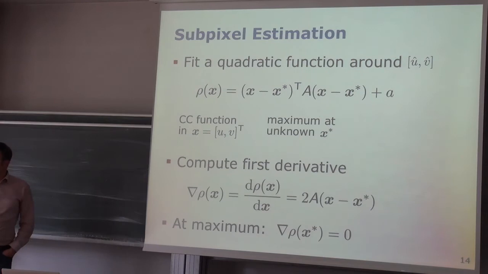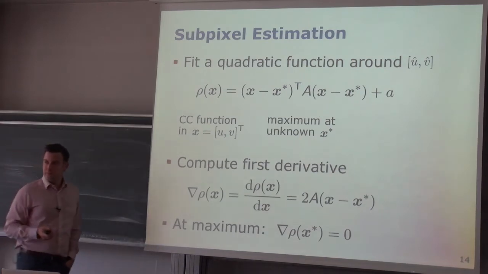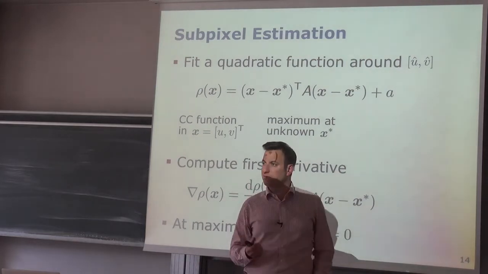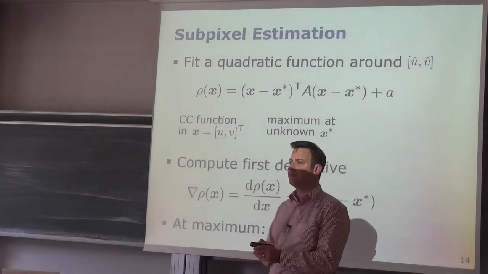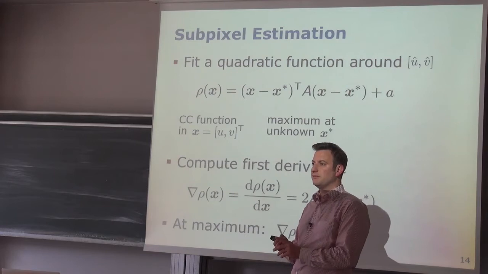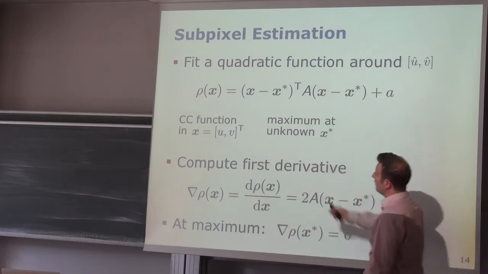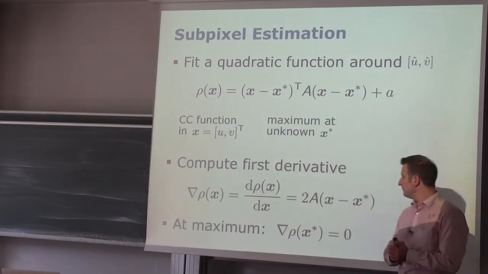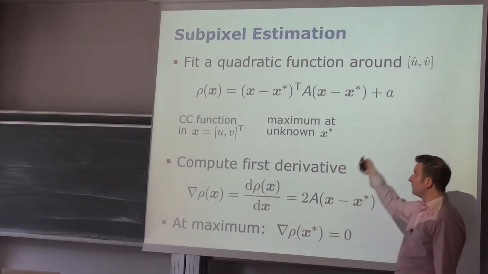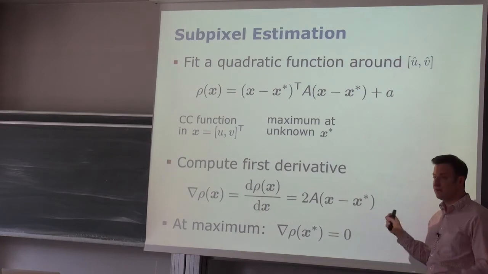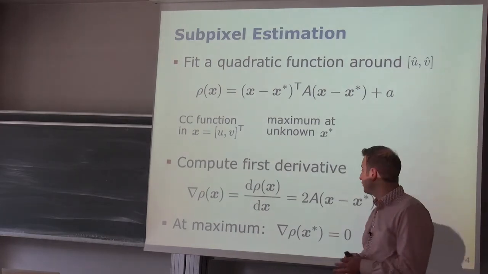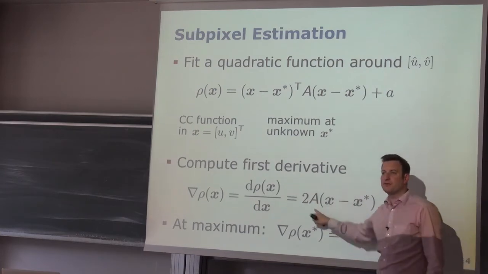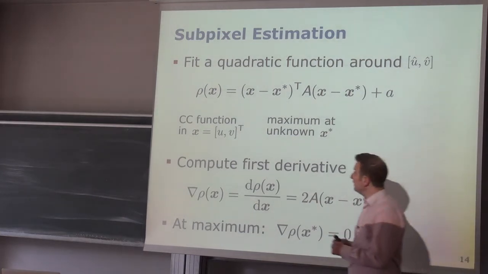In order to find the maximum of this quadratic form, we need to compute the first derivative and check at which location the first derivative is 0. Right? So we take our function and compute the first derivative. If you have a quadratic form, you should have seen that already in your lectures on least squares estimation from Professor Shu. Then this is the first derivative of our function.